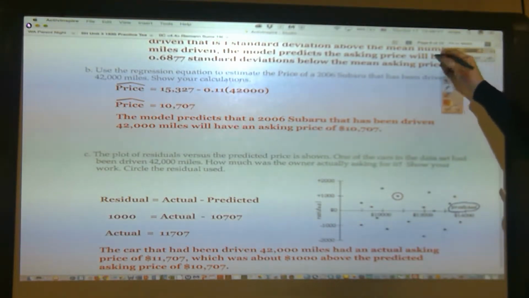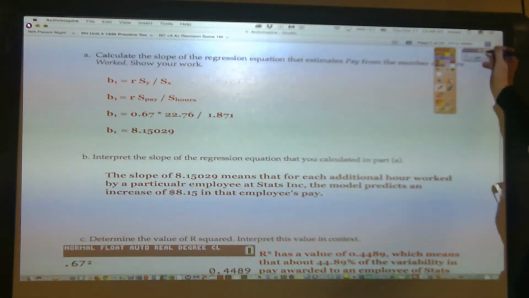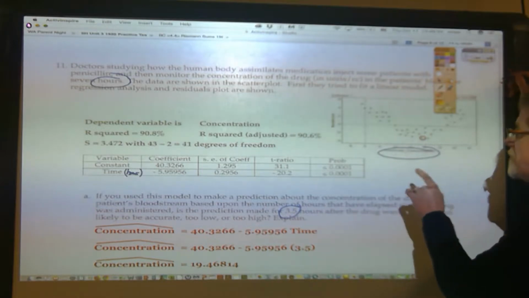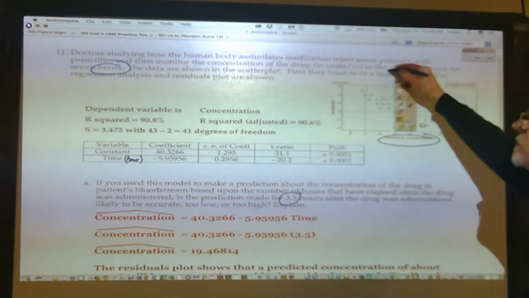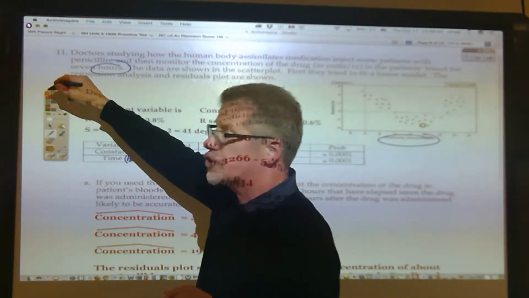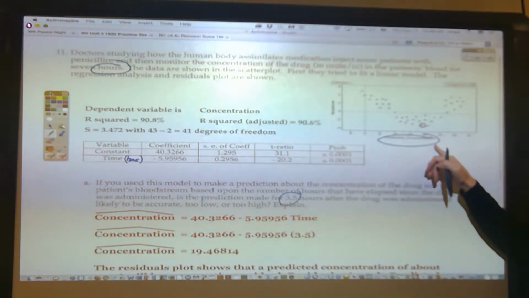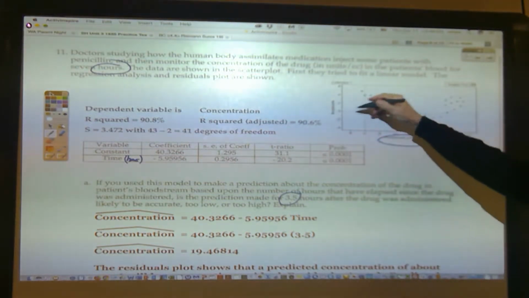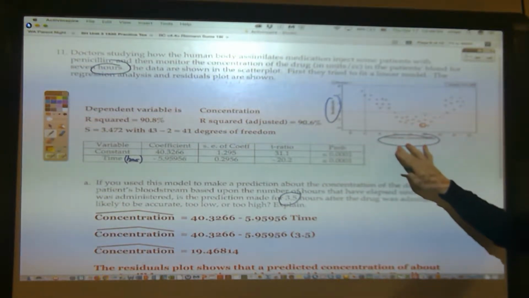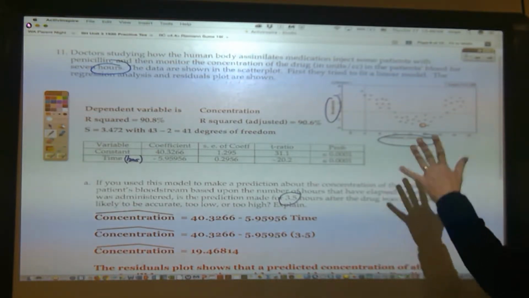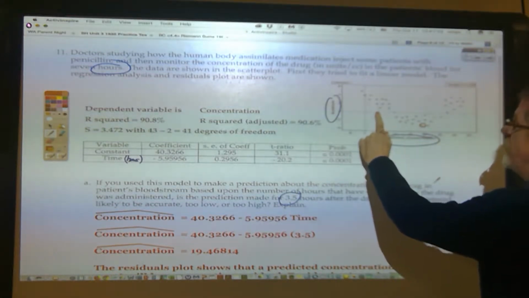Now notice that issue of reading the axis on the residual plot, that came up on another one of these problems. Take a look at problem 11A. In fact, this problem is designed to punish students who don't pay attention to detail. Because if this axis on the residual plot had said time instead of predicted concentration, then what most students do is they say, okay, they put 3.5 in and they just go along until they get to 3.5.